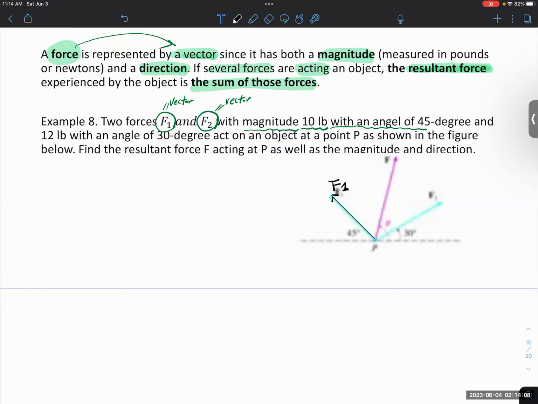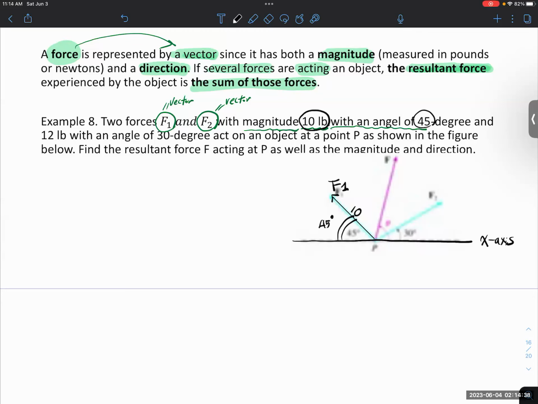The magnitude is 10, that's what they're saying, and it creates the angle 45. You have to be careful. The force angle is always based on the x-axis. So this is the x-axis. Force 1 creating 45 degrees means this angle is 45 degrees.